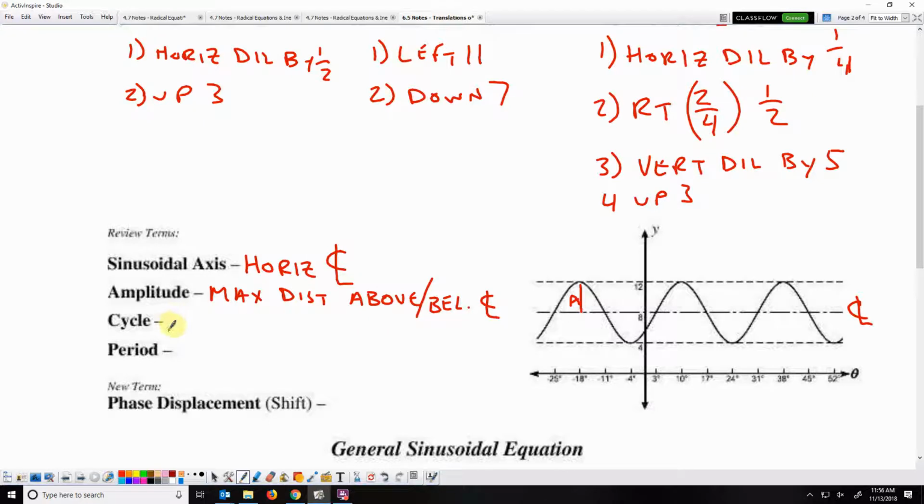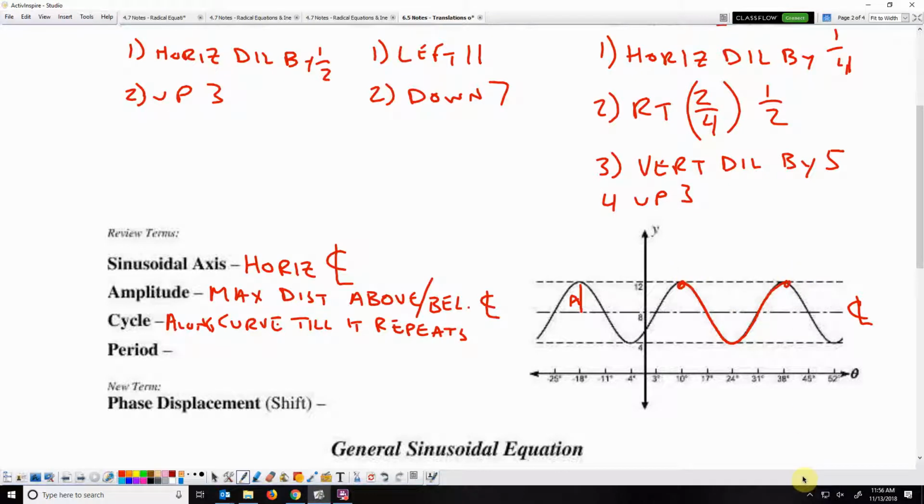A cycle is tracing along the curve until it repeats. So if I start here, I can trace down and back up, and if I go any farther, it's going to repeat.